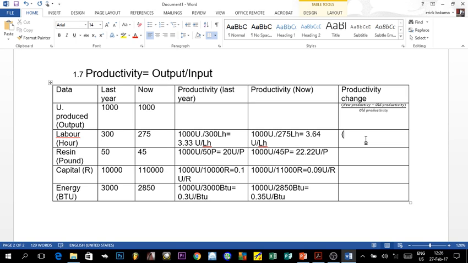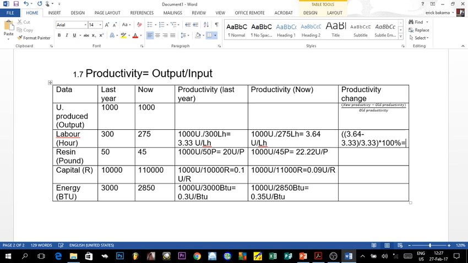When it comes to labor, it's going to be 3.64 minus 3.33, then we divide by our old productivity, which is 3.33. So remember, we must multiply it by 100 to get our value in percentage.